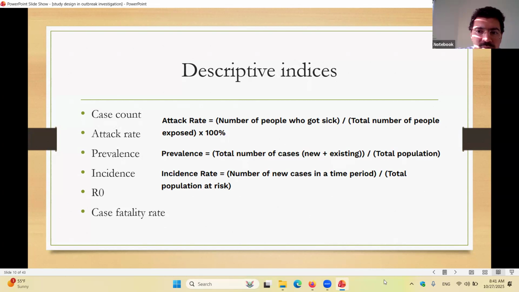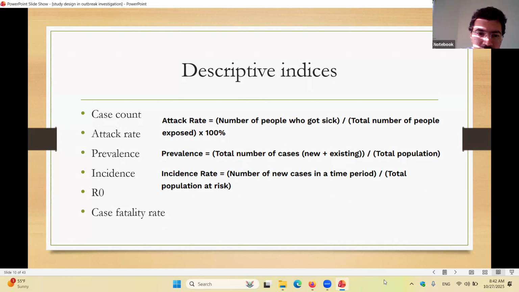The formulae. The attack rate is the number of people who got sick per total number of people exposed. This is important: per total of people exposed to the source. This is attack rate. Prevalence is the total number of cases, whether new or existing cases, per total population.